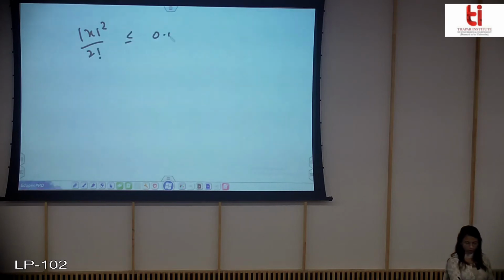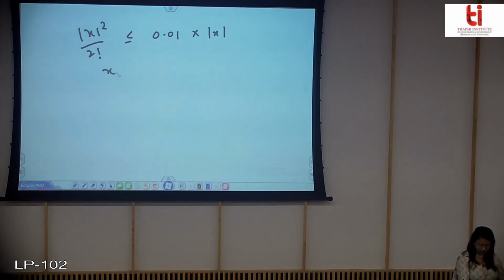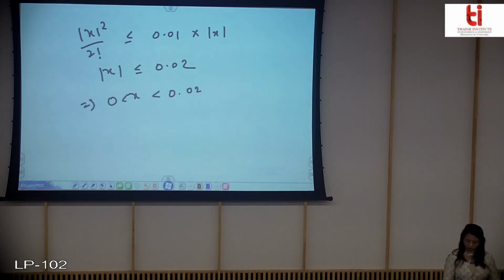So again the same thing, you get 0.01 into, solving this implies x should be, so this is the same result you get using the alternating series estimation theorem.